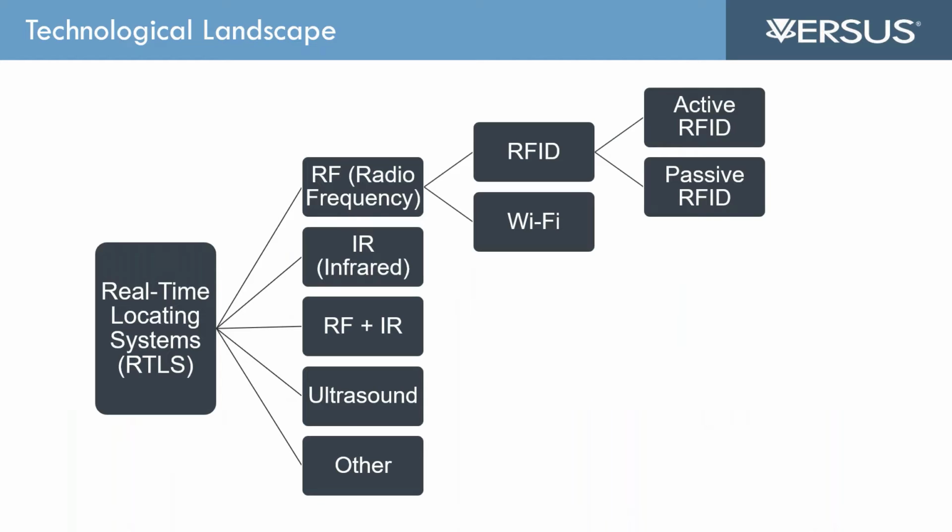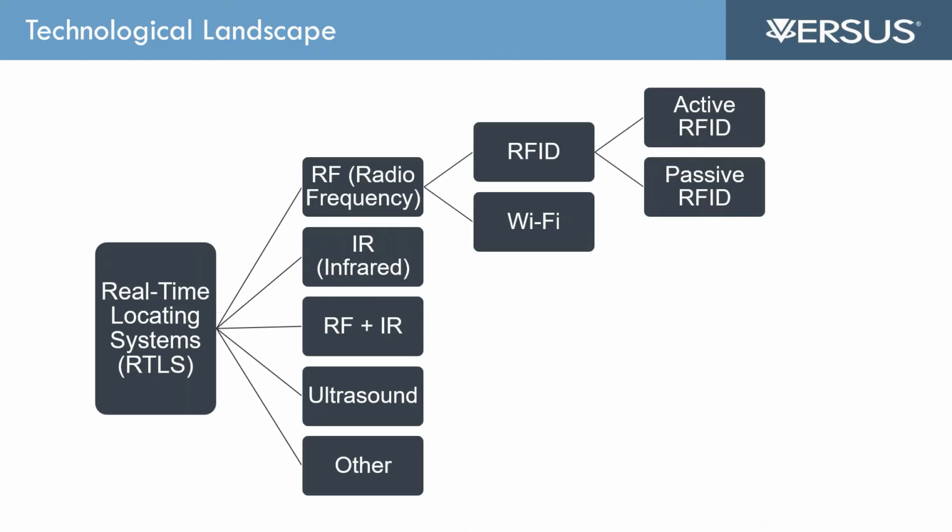A chart that my teammates put together that I think helps to understand this, you'll see that on the left, real-time locating systems. There are a variety of different technologies used with RTLS, from radio frequency, infrared, the two together, ultrasound, some sort of Wi-Fi and leveraging of Wi-Fi.